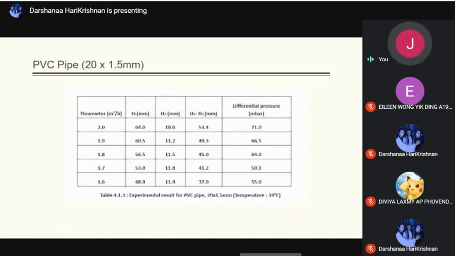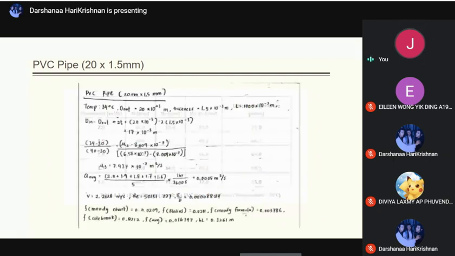Next. Okay, this one is PVC pipe 20 times 1.5 millimeter. The temperature here is 34 Celsius, and this is the result that we have obtained. Next one. This is the calculation. From the Moody chart, we have 0.0209.